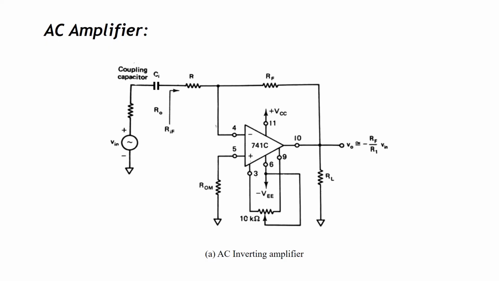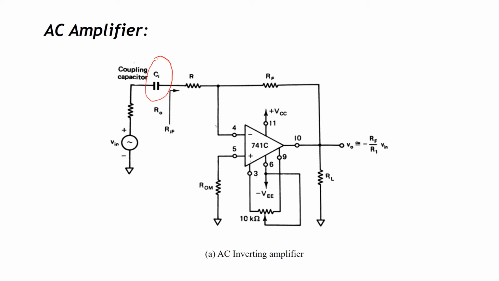So this is the AC inverting amplifier, where coupling capacitor Ci is used. This capacitor not only blocks DC voltages but also sets the low frequency cutoff limit.